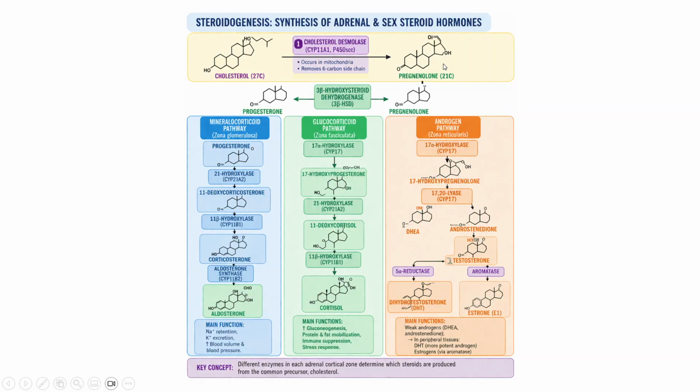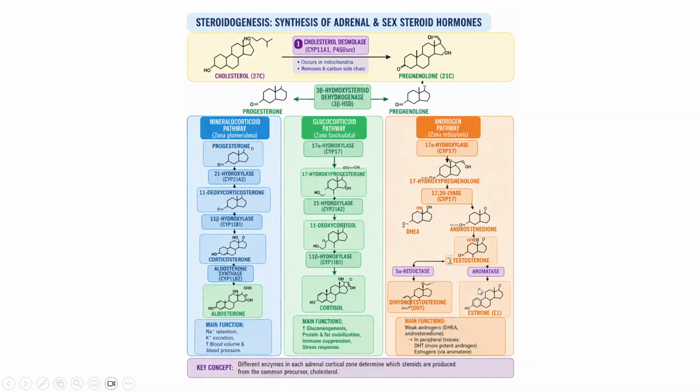Once you have pregnenolone, it enters different pathways where, with the help of specific enzymes like CYP17 in the zona fasciculata and reticularis, and CYP21A2 in the zona glomerulosa, it eventually leads to aldosterone biogenesis in the zona glomerulosa, which is your mineralocorticoid, or glucocorticoids such as cortisol in the zona fasciculata, or through a series of steps into DHT and estrone.